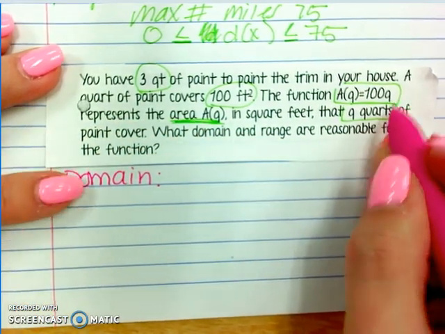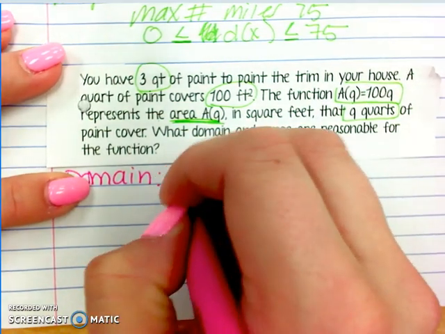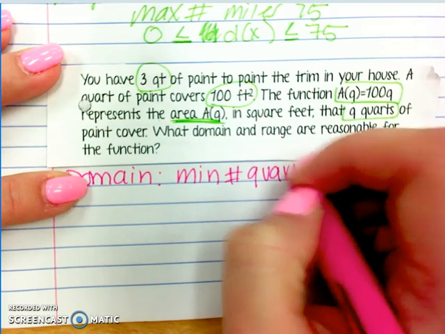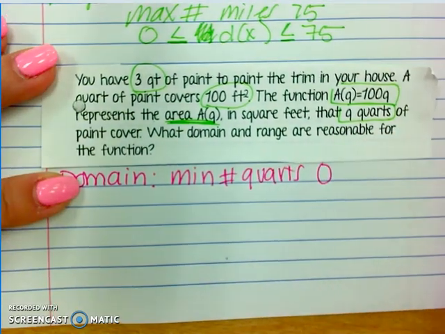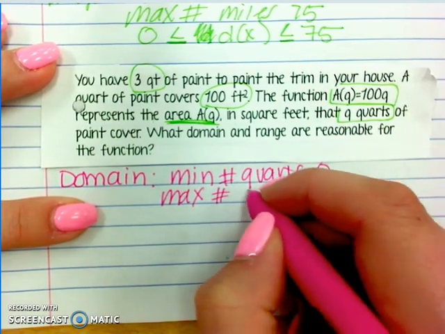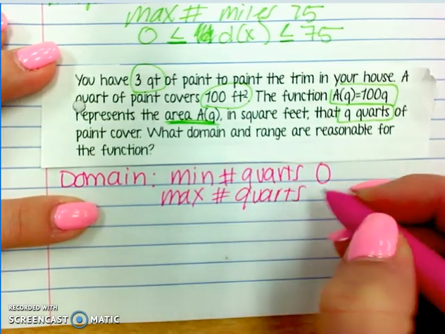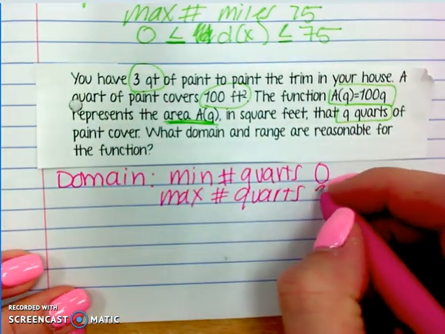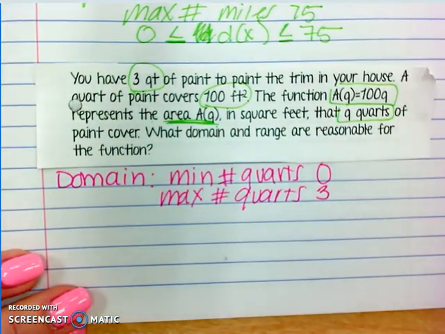It's Q. So the minimum number of quarts they paint with is 0. The maximum number of quarts they can paint with is 3. I can't paint more than 3 quarts. I don't have more than that.